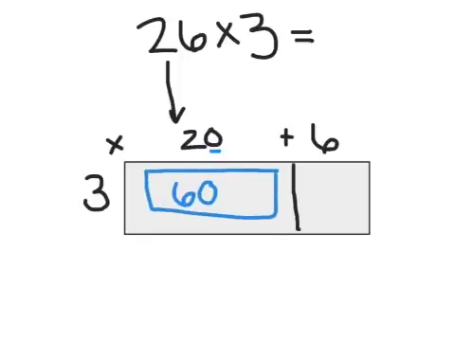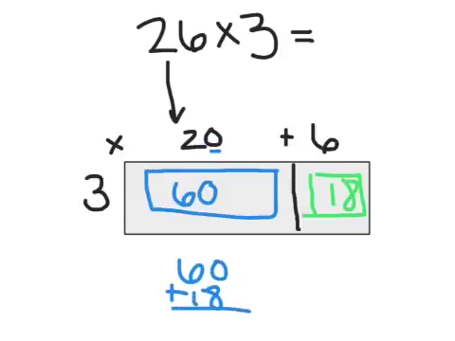Then I'm going to go to the next spot, and I have 3 times 6. And I know that 3 times 6 is 18. So I'm going to put 18 here. Now, what do I need to do next? I need to add my 60 plus 18.